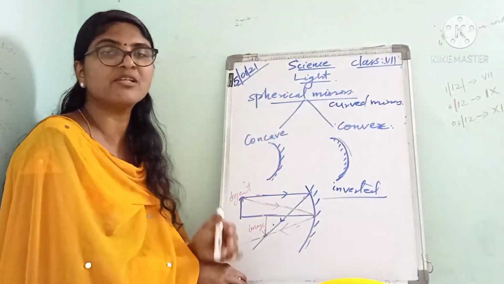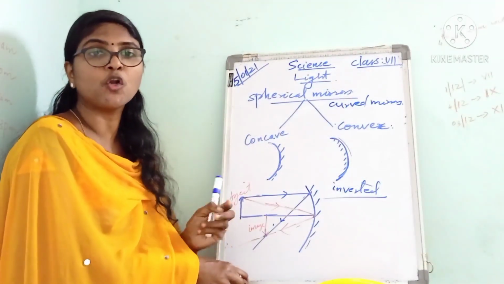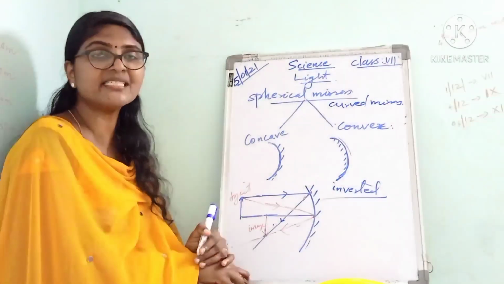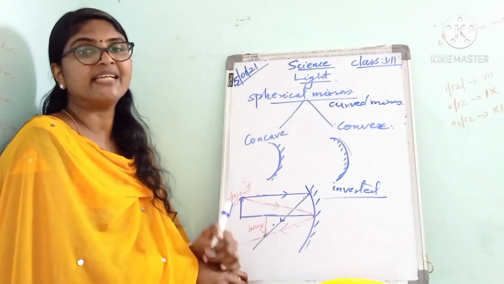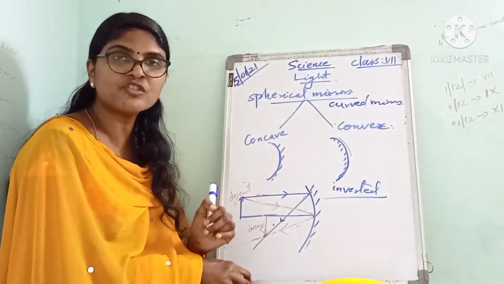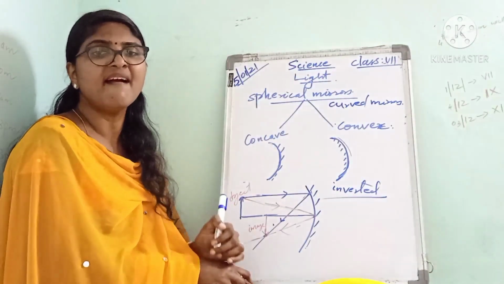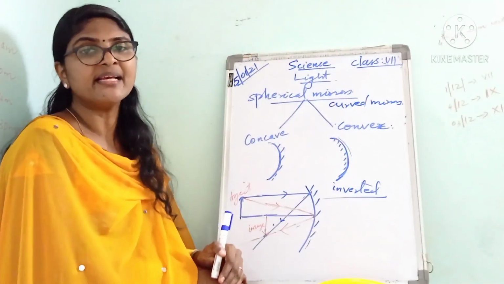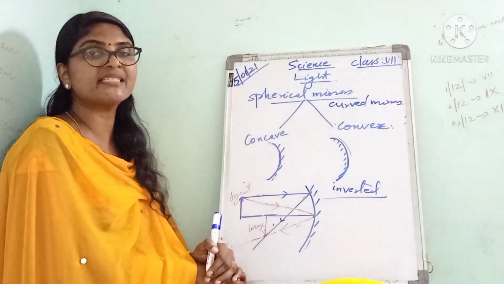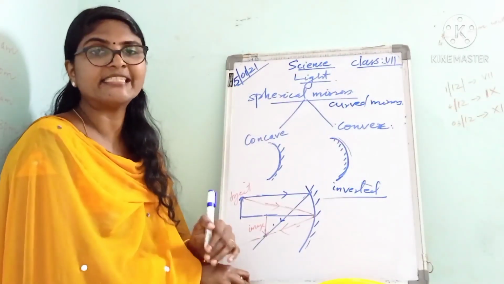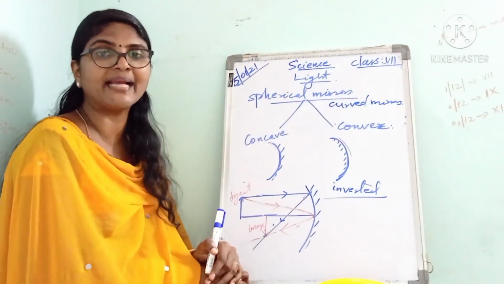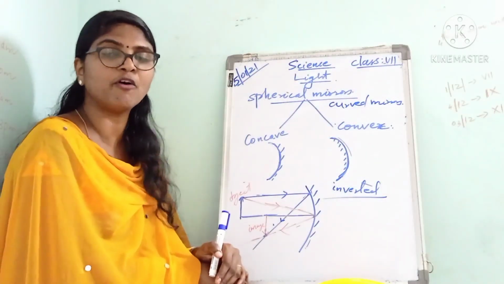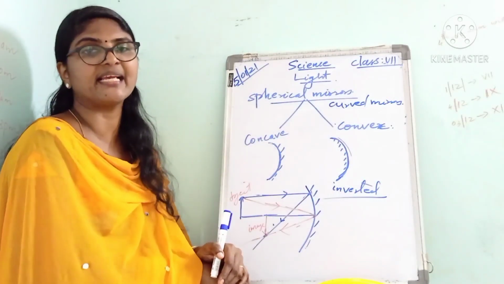When a candle is placed very close to the concave mirror, a virtual image is formed, and that virtual image cannot be captured on a screen. It is not formed by the actual reflected rays.